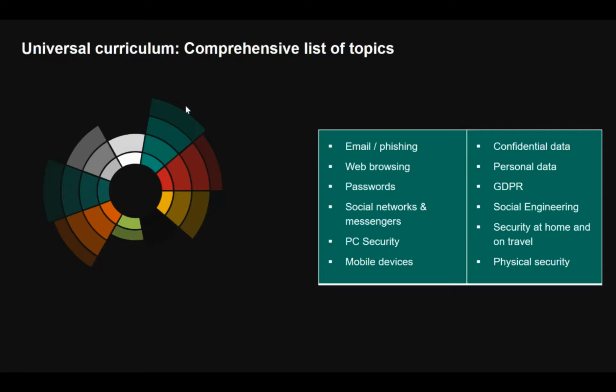The progress of this training can be monitored by the administrator of this online program. He can see the progress of each employee. The administrator can assign different topics to an individual user or a group of users.